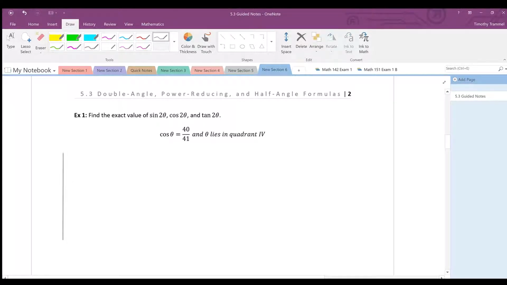So I'm just really going to make a sketch here in quadrant 4. Here's our axes, and let's sketch in the angle.